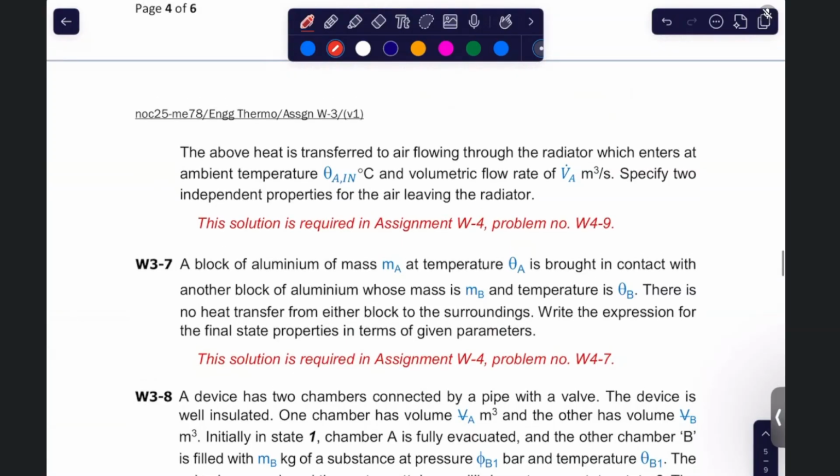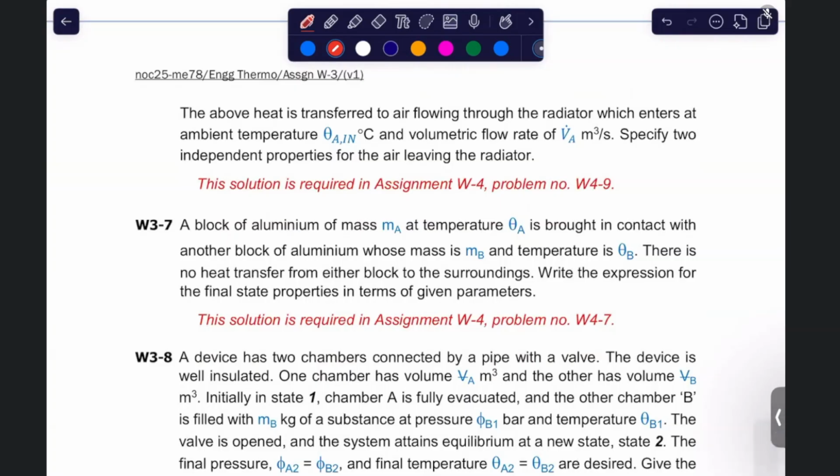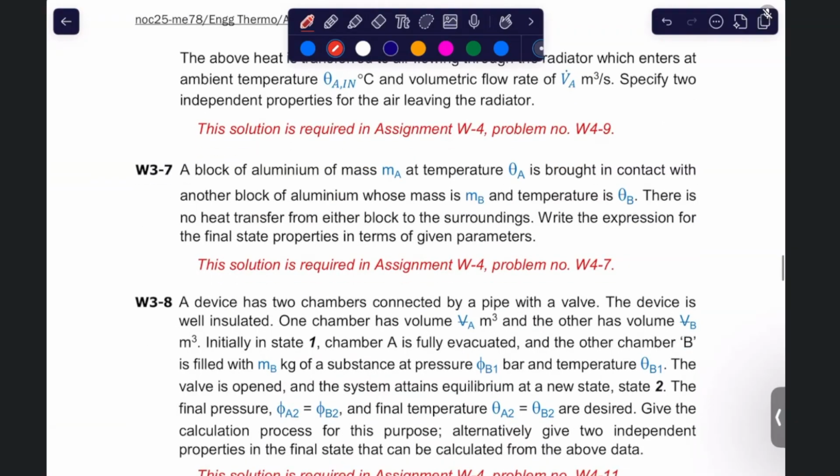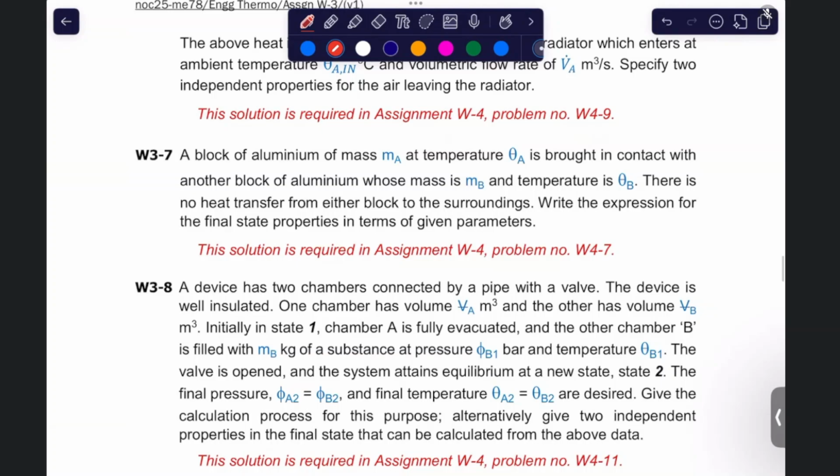A block of aluminium of mass Ma at temperature theta A is brought in contact with another block of aluminium whose mass is Mb and temperature is theta B. There is no heat transfer from either block to the surroundings. Write the expression for the final state properties in terms of given parameters.